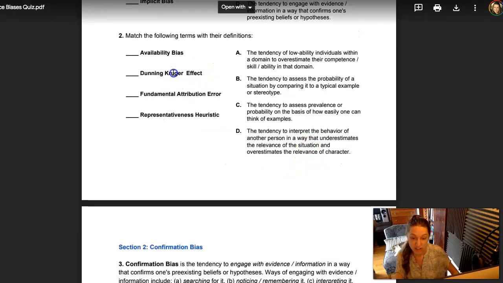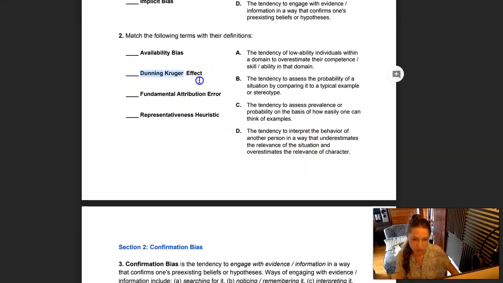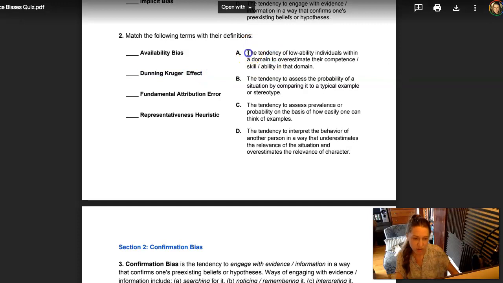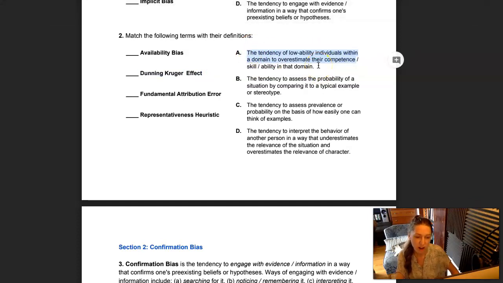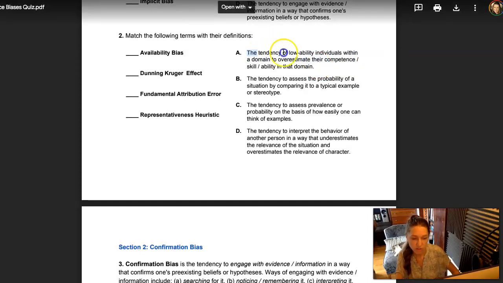Oh, we skipped one. Finally, the Dunning-Kruger effect, which is the tendency of low ability individuals within a domain to overestimate their competence in that domain. So there should be a person who is overly confident, who has a high estimation of their own competence, skill, ability, and a reason for thinking that that competence is overestimated by the person.